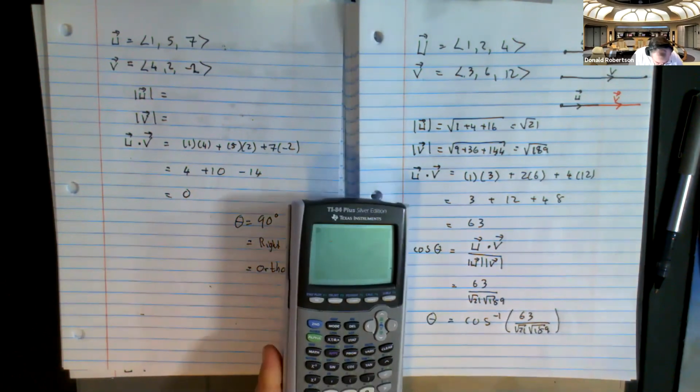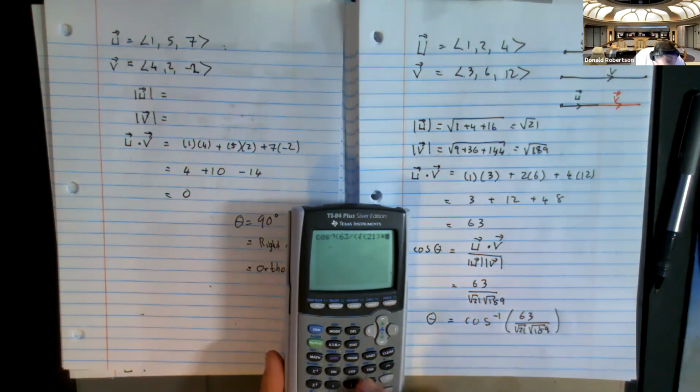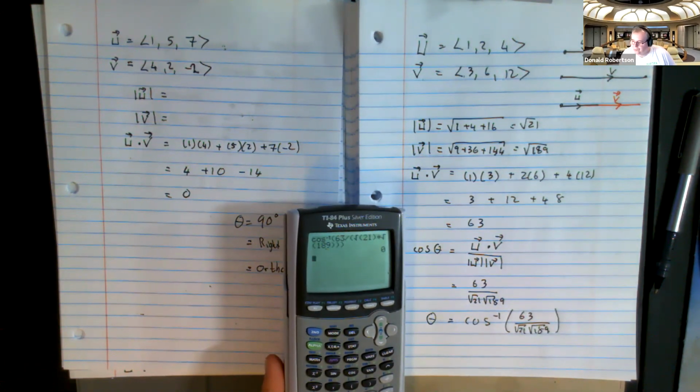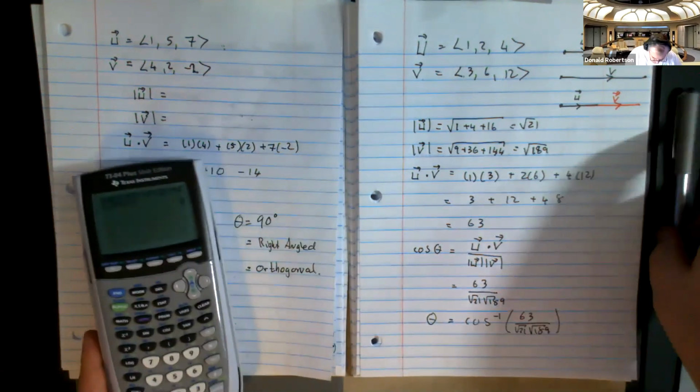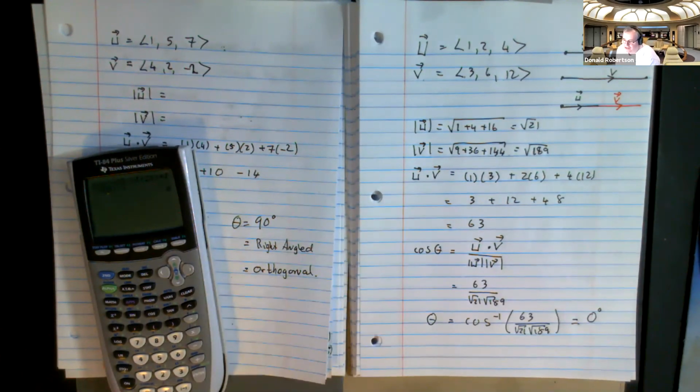Let's see what we have then. Inverse cosine of 63 divided by a bracket, square root of 21 times square root of 189. If I made a mistake there, I'll fix it. Oh, 0. Doesn't that exactly match our prediction?